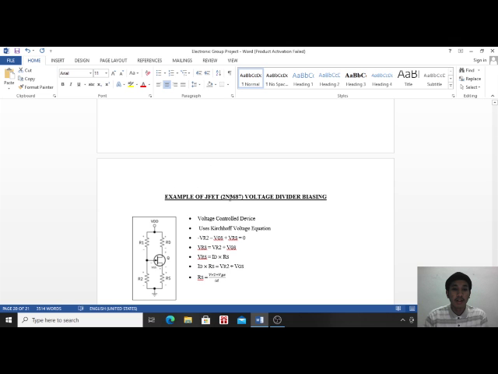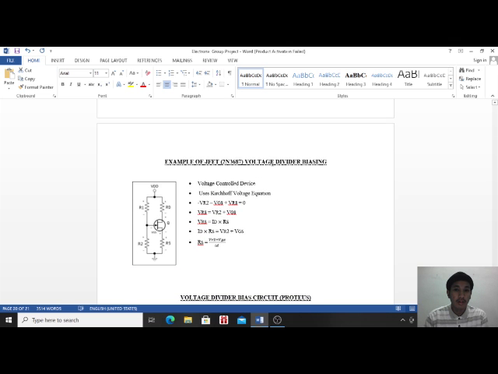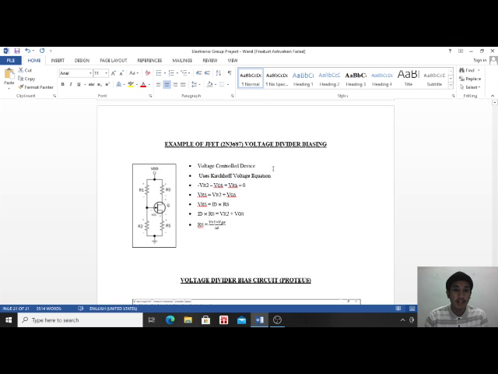Here is the example of JFETs for the voltage divider bias. This is the figure. That's a simple circuit. The voltage control device uses the Kirchhoff voltage equation. Negative VR2 minus VGS plus VRS equals 0.